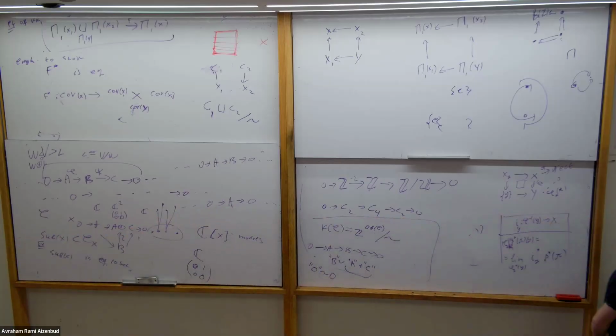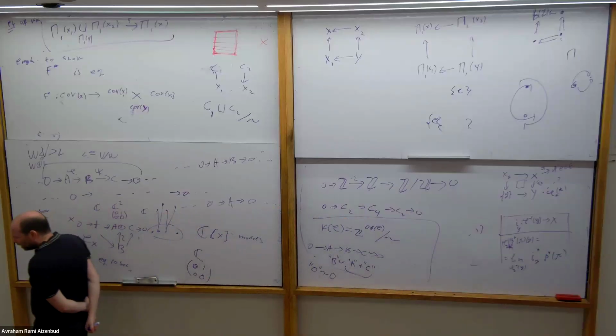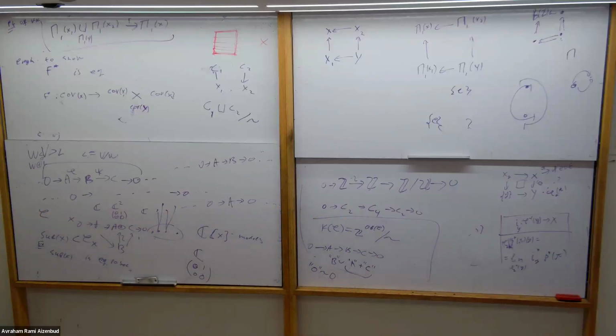Okay, so what is the Grothendieck group of finite dimensional vector spaces? Zero could be the case. You already asked the next question.